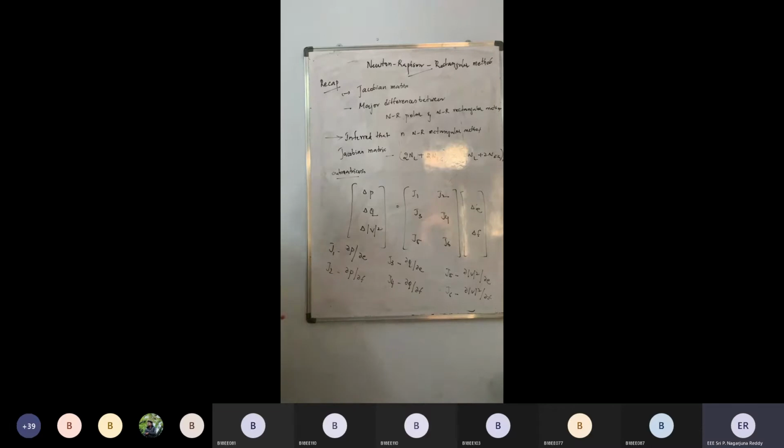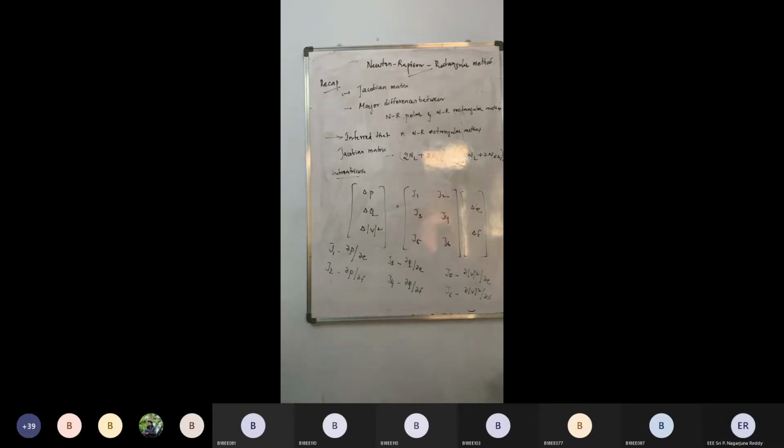Apart from this, we have derived expressions for power, both active power and reactive power, in completely rectangular formats by employing rectangular formats of voltage and admittance.